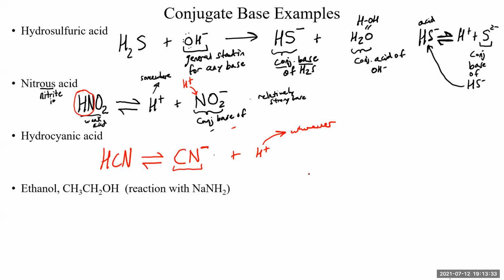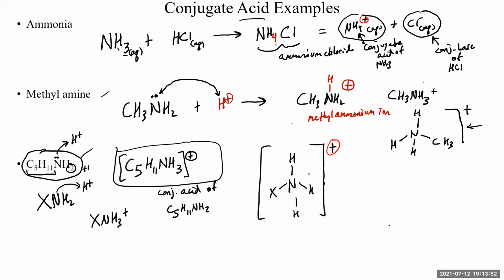And that makes some kind of sense, right? Because what is the conjugate base? Well, it's what's left when you remove a positive one charged proton from a compound. If you're removing one positive charge, you most likely end up with a negative charge because most molecules started out neutral. Likewise, why do we end up with positive charges for conjugate acids? Because the conjugate acid is what you get when you add a proton. When you add a positive one hydrogen ion to a neutral molecule, you end up with a positive charge.